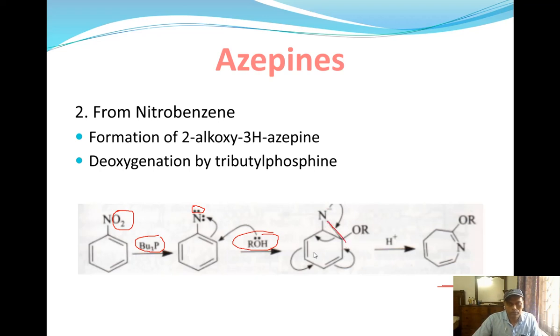Ultimately, again in the presence of acid, you are going to get 2-alkoxy 3H azepine. This is position number 1, this is position number 2, 3. So the alkoxy group is at the 2 position. It is 2-alkoxy azepine. That is what you are going to get from this reaction.